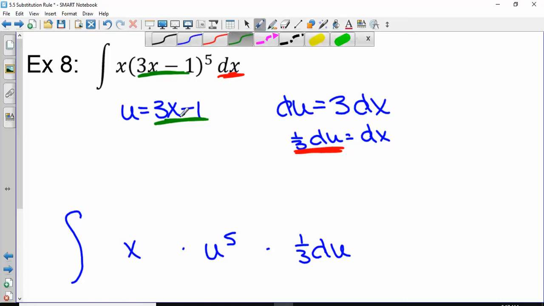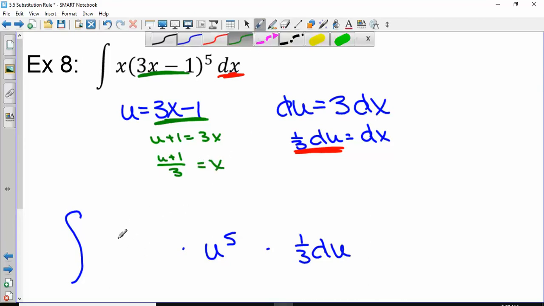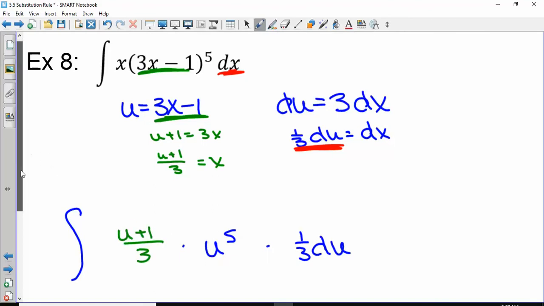It's right here. Could you get x by itself? So that means u plus 1 would equal 3x. Divide by 3, so u plus 1 over 3 is equal to x. So I'm going to replace that x with a u plus 1 over 3.